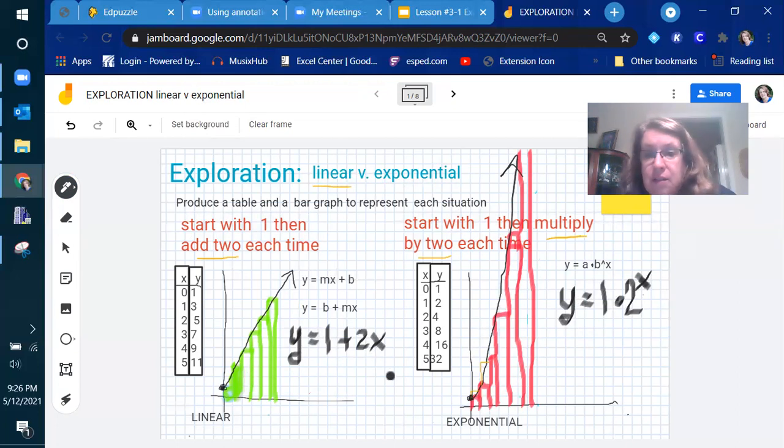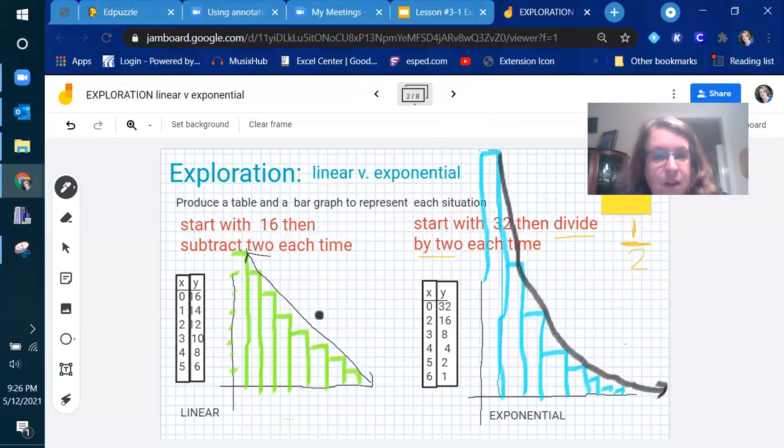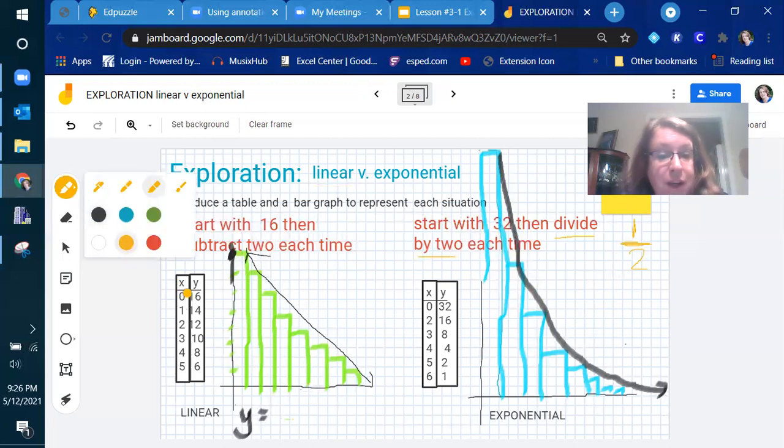So let's look at the second set. And the idea now is writing the equation. So I'm going to start here. y equals. And what number did I start with here? The starting number. If I counted up on the y-axis, it would be right here. I could find it there. Or you can find it in your table.